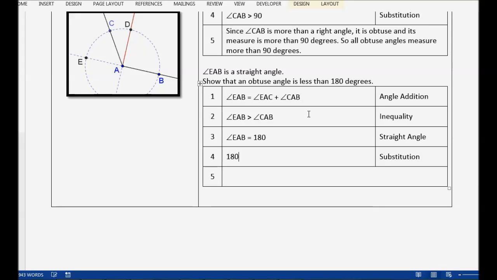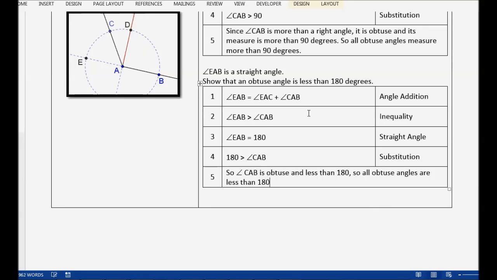So by substitution, 180 is greater than angle CAB. All right, so angle CAB is obtuse. We already knew this from our previous proof. And less than 180 degrees. So all obtuse angles are less than 180 degrees.